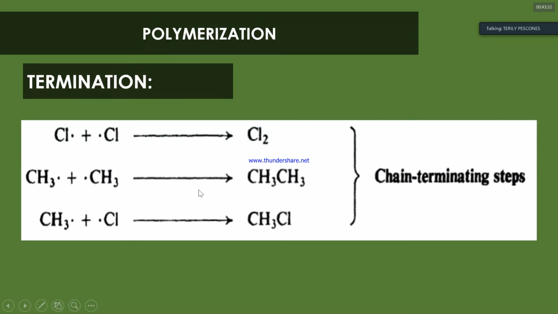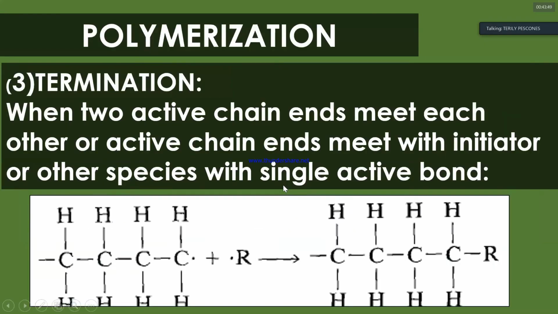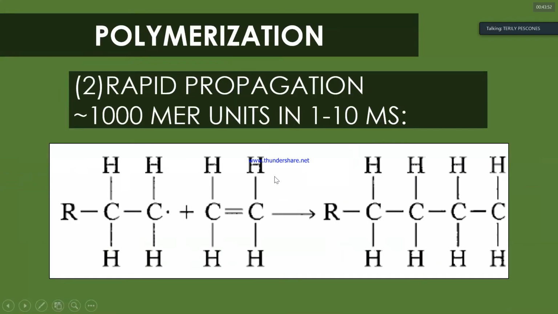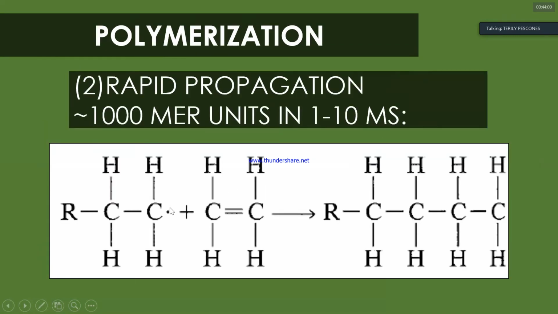Okay? So, ito yung mga example ng termination. Kanina we have the radical, di ba? Free radical ang tawag natin dyan. And then after that, we have now the molecules or the compounds. So, again, ano yung mga terms natin dito? Initiation, propagation, and termination. So, initiation, magkaroon tayo ng odd electron. Then, propagation, ito na yung pagdugtong-dugtong.